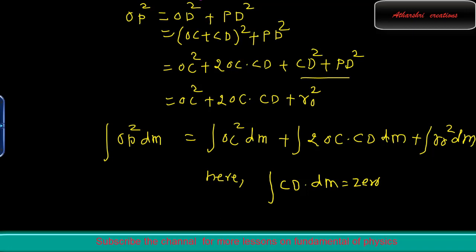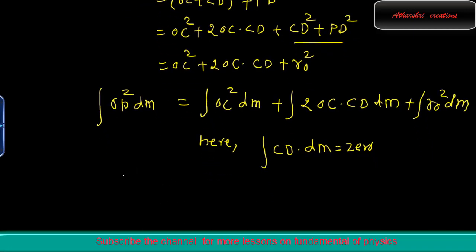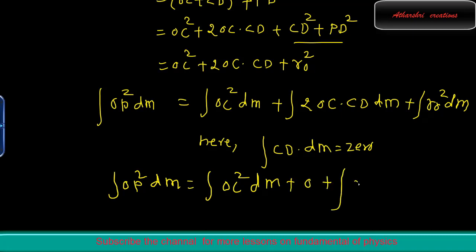Now see the equation becomes the integration of OP square dm equals the integration of OC square dm plus 0 plus R0 square dm.